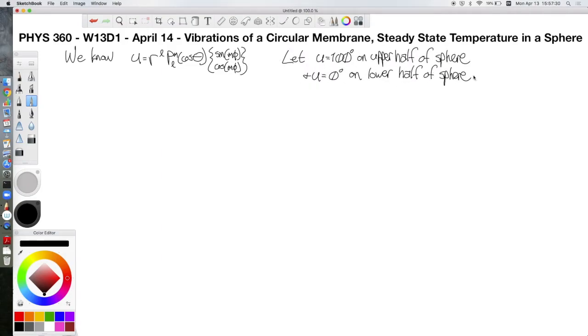So we're going to let the temperature be held at 100 degrees on the upper half of the sphere and 0 degrees on the lower half of the sphere. Drawing a picture, that might look something like the following. So here's our sphere, and the entire top surface up here we are going to hold at 100 degrees, and the entire bottom surface down here in blue we are going to hold at 0 degrees.